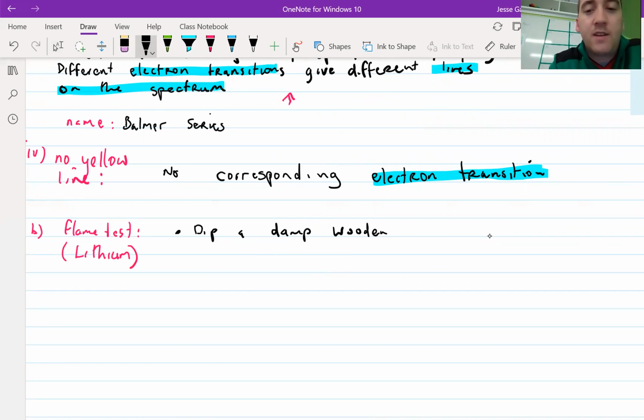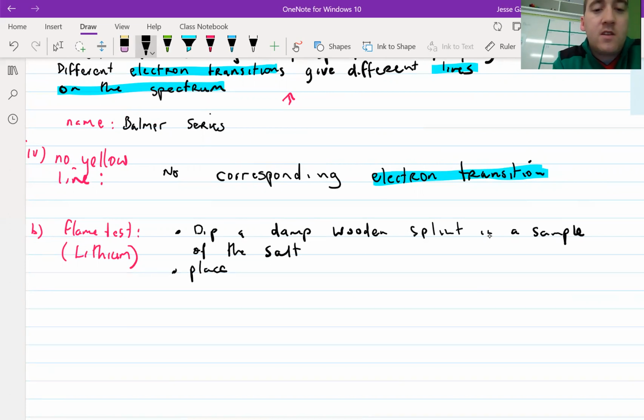Dip a damp wooden splint in a sample of the salt. Remember, we're checking the salt to see if it's got lithium. So dip a damp wooden splint in a sample of the salt. Place the salt into the blue Bunsen flame.